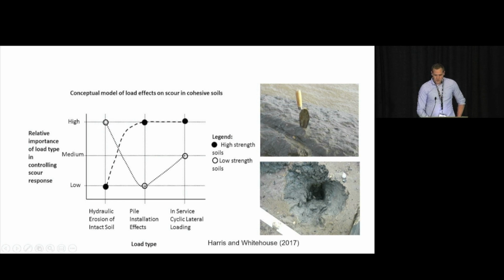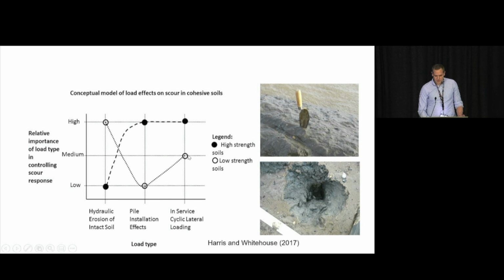And what we have here is, first of all, the importance of hydraulic erosion on the scour process. For these types of sediments, that's really important because it causes a lot of sediment mobility and scouring. Pile installation has a low relative importance on the local soil profile around the pile, because maybe it's easy to get the pile into those types of soils.